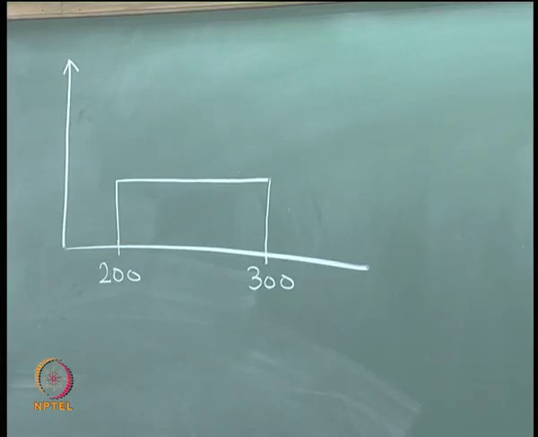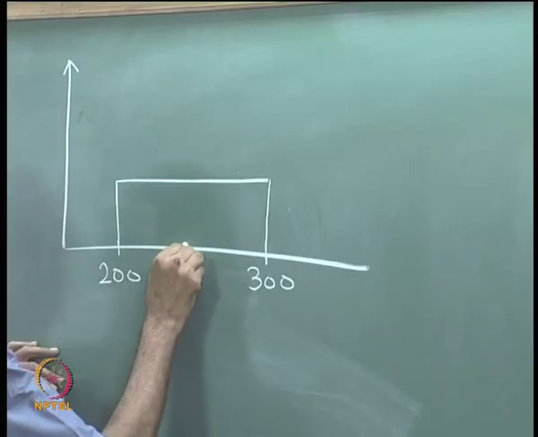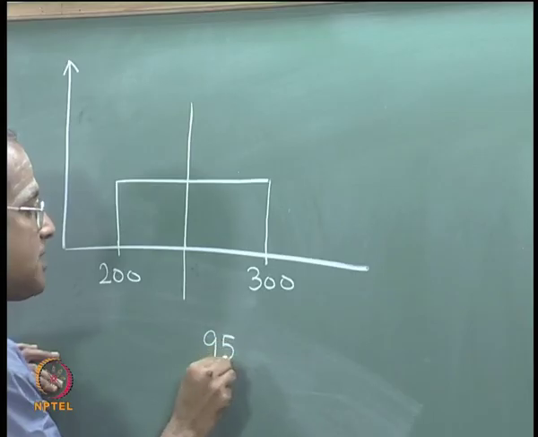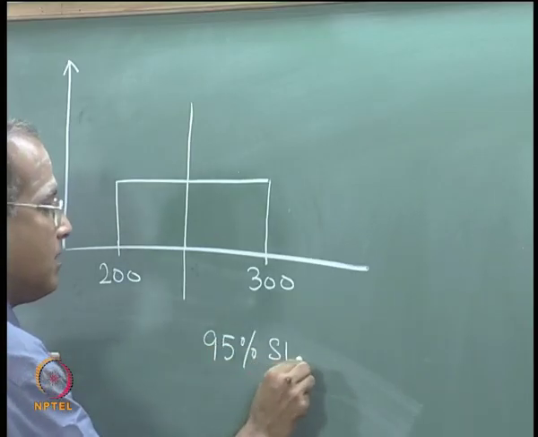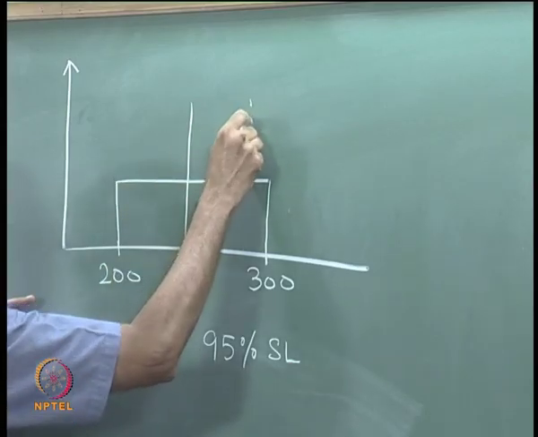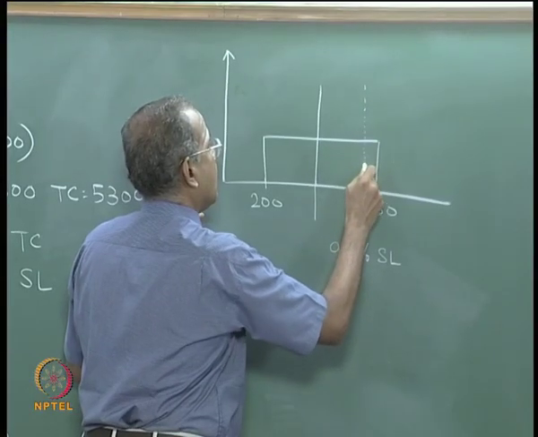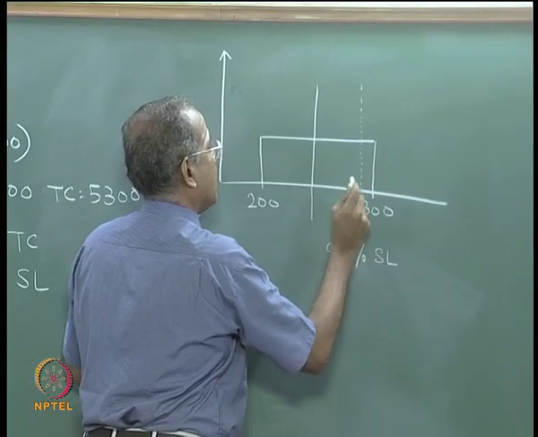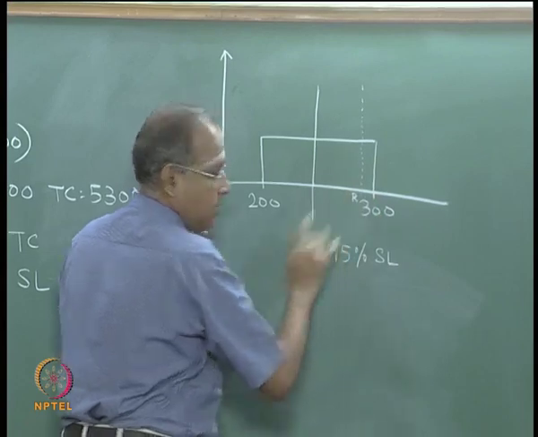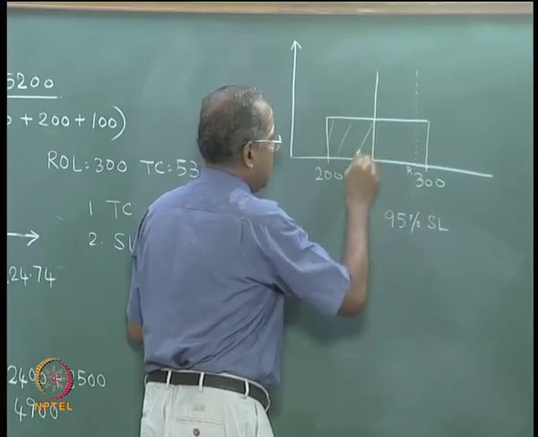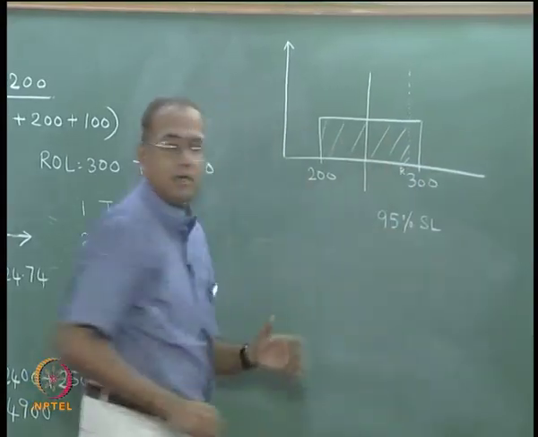We could keep reorder level anywhere. The expected value is at 250. So, now if we want 95% service level, then we want our reorder level to be such that, we could use capital R or we could use small r as the case may be, such that we want this area to be 95% of the total area.